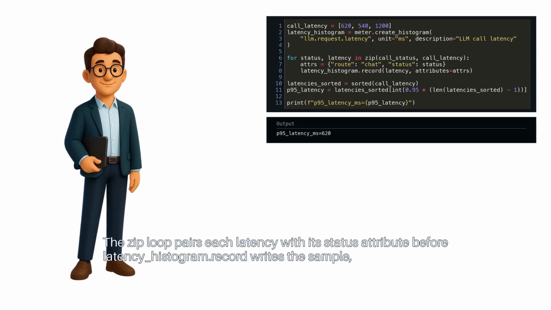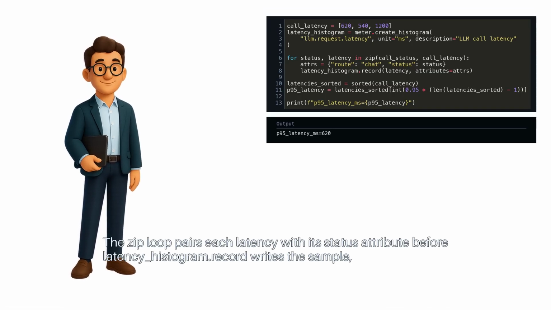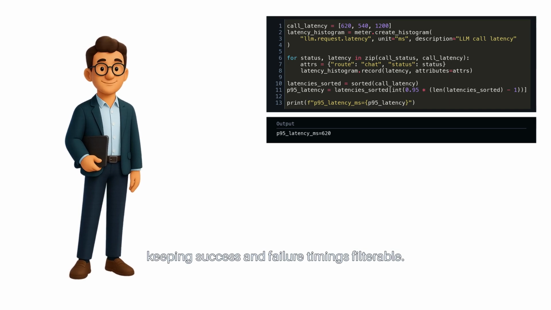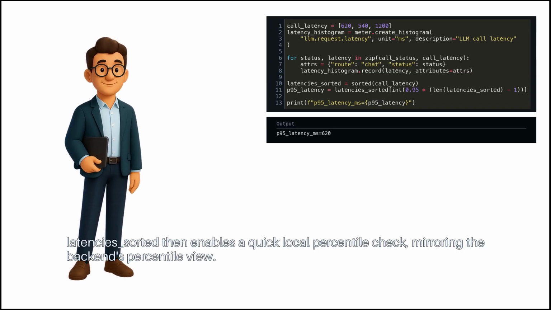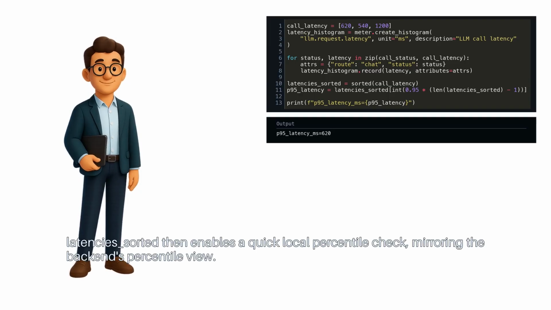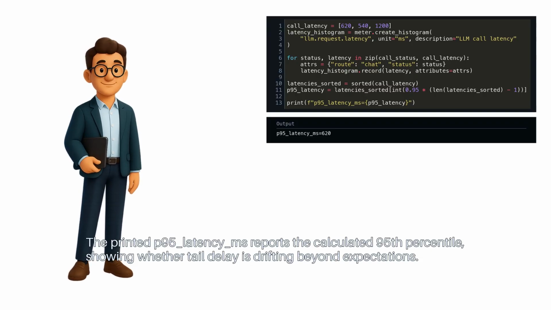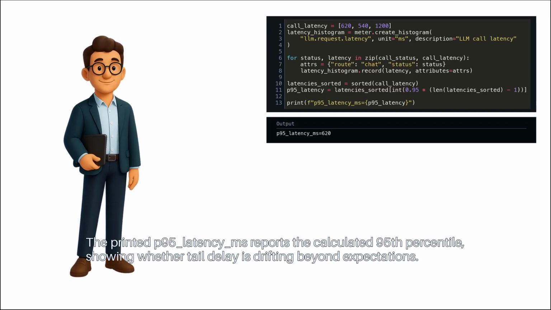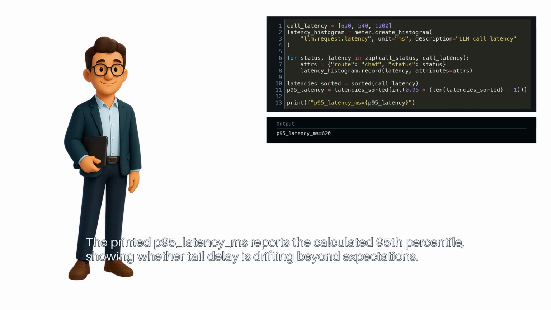The zip loop pairs each latency with its status attribute before latency histogram.record writes the sample, keeping success and failure timings filterable. Latencies sorted then enables a quick local percentile check, mirroring the backend's percentile view. The printed P95 latency reports the calculated 95th percentile, showing whether tail delay is drifting beyond expectations.